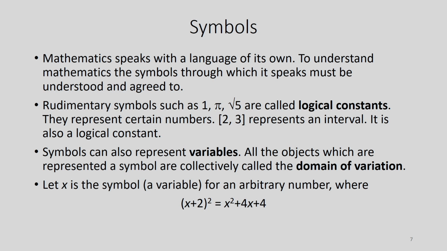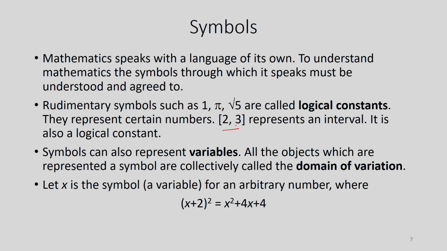Like a number, 1 is a rudimentary symbol, pi, right, or root over 5. These are called logical constants. They represent certain numbers. Logical constants means they do not change in their value. So, they are constants.